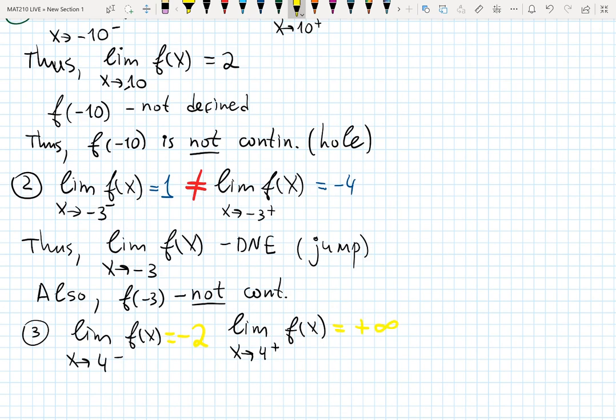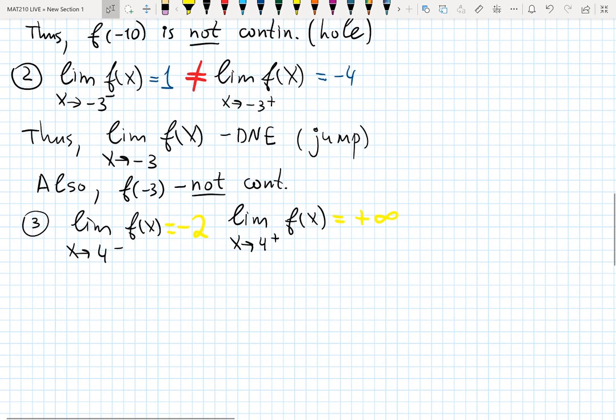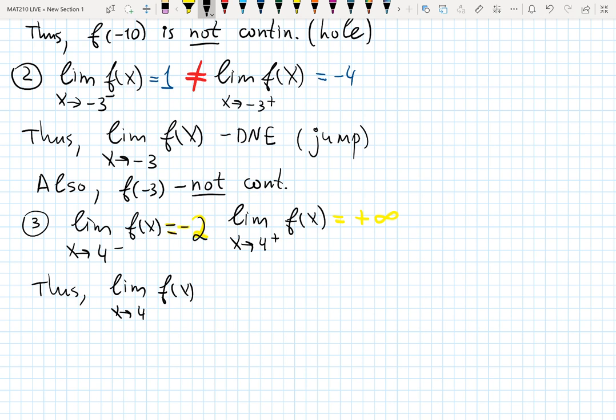Plus infinity. So I can say again, thus, the limit as x approaches 4 of f of x, let's make it more visual, -2 from the left, plus infinity from the right, does not exist.